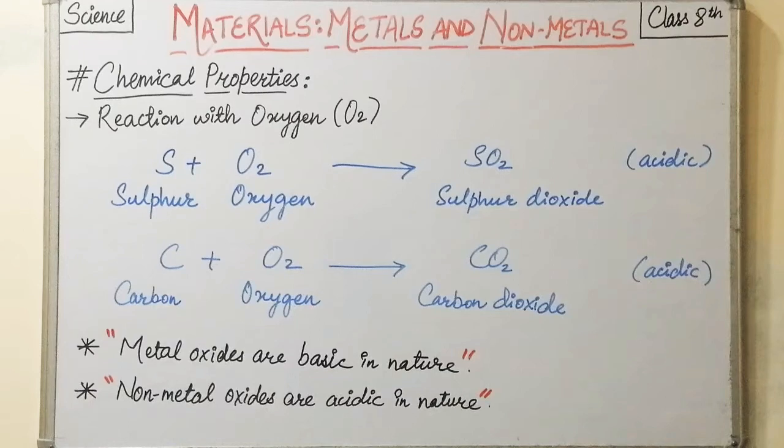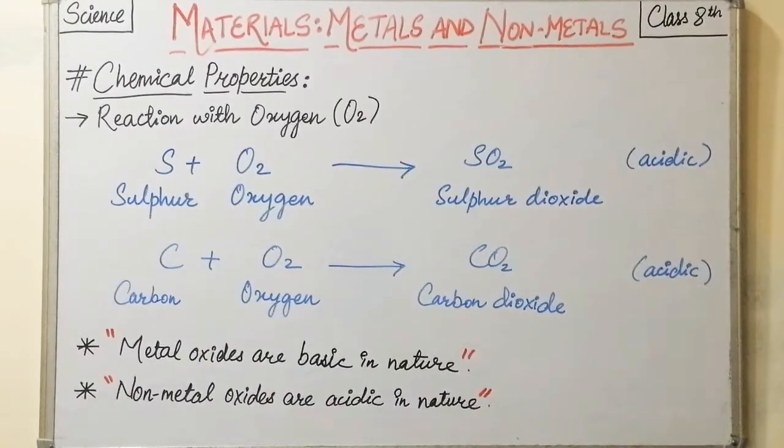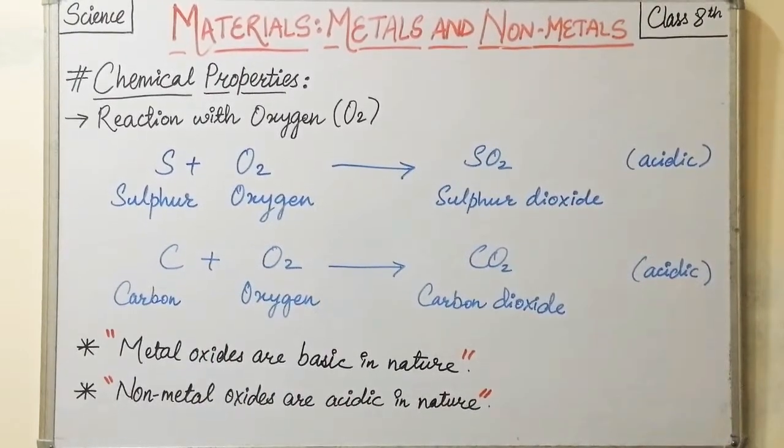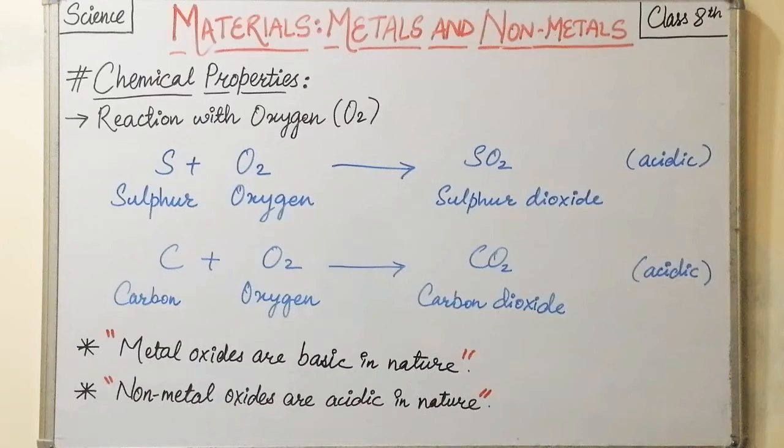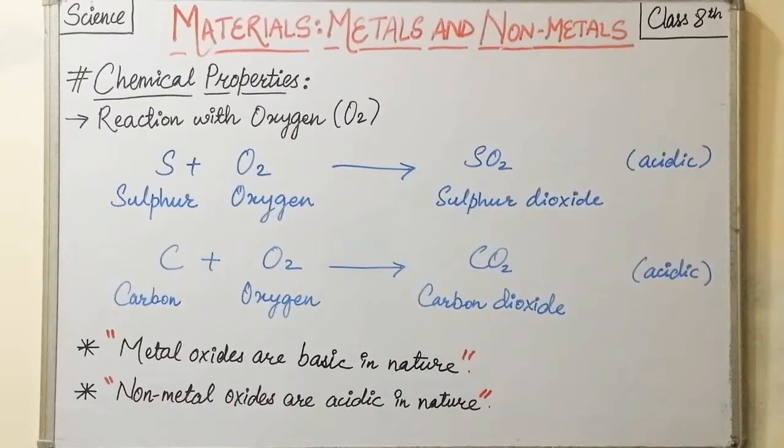This we will come to know with the help of the litmus paper test, where our blue litmus paper will turn red and red litmus paper does not show any reaction. So with this we will know that this sulfur dioxide solution is acidic in nature.